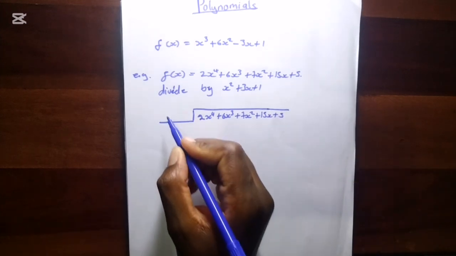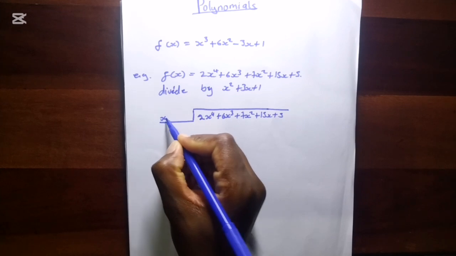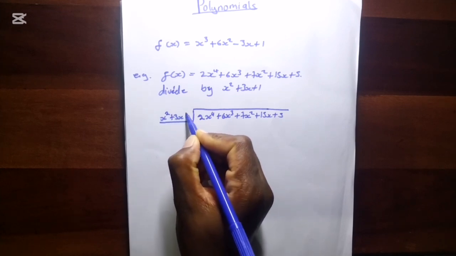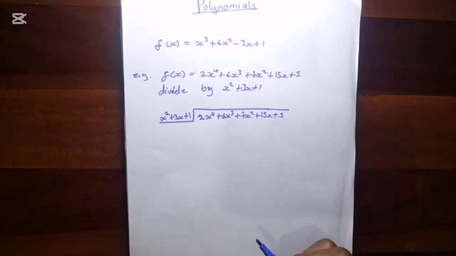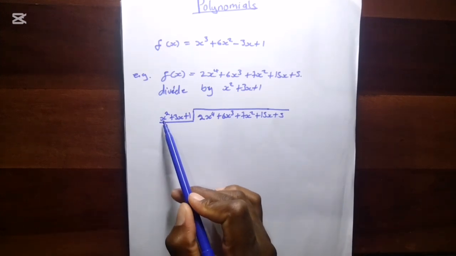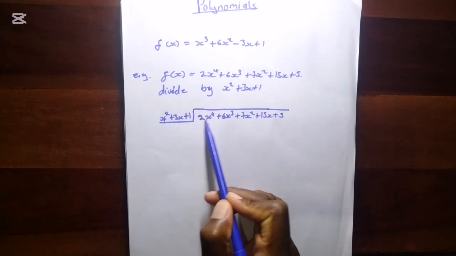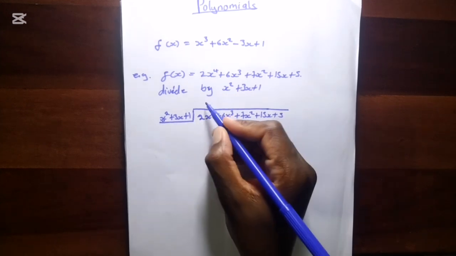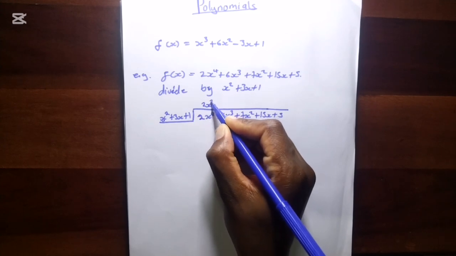Okay, that's our f of x, and then we're going to divide it by x squared plus 3x plus 1. Okay, so here's how we do it. First, we divide 2x to the power 4 by x squared. This should give us 2x squared.